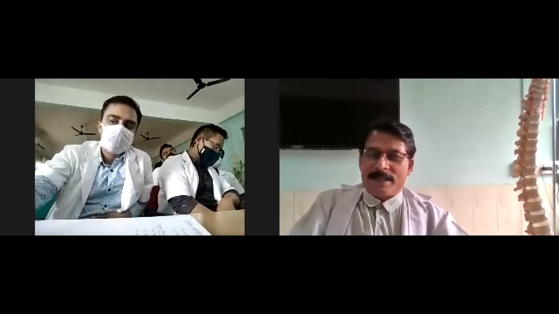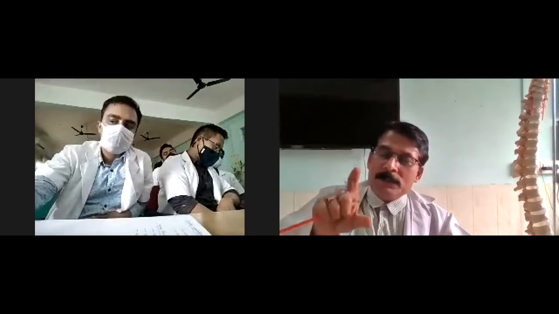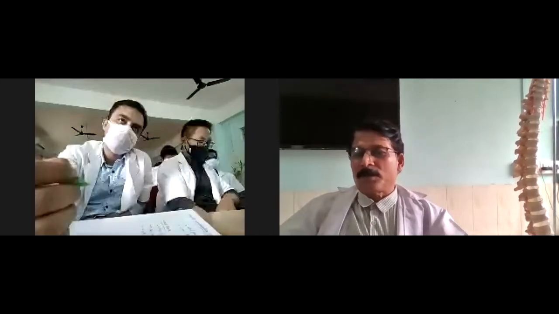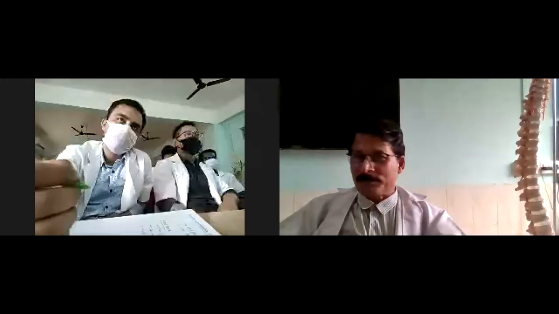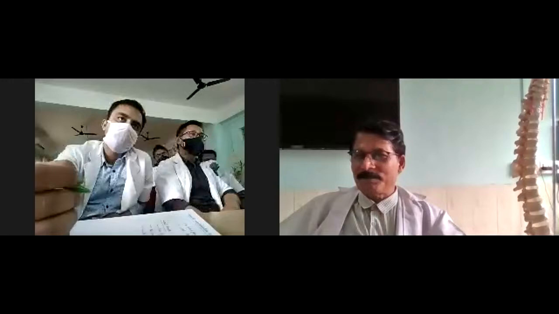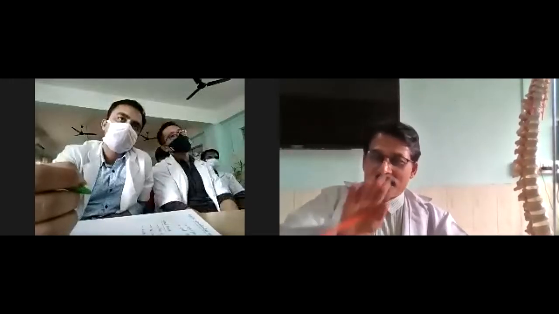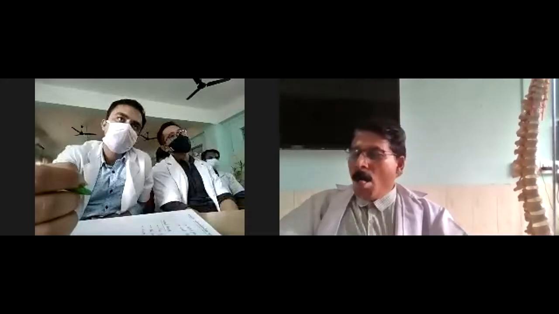Now the question arises: a patient comes to you, and if you do the neural assessment immediately, there is confusion because the patient is flaccid. It looks like there is a transection of the cord because all the activities are suspended. This is not the true picture because the patient at that time is in spinal shock.